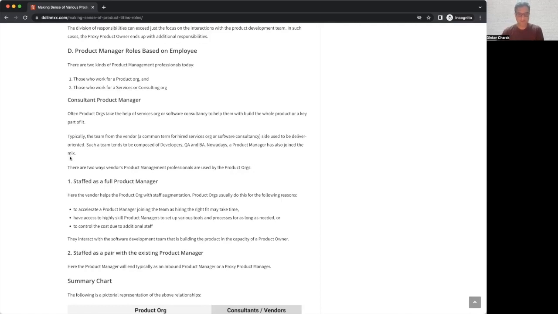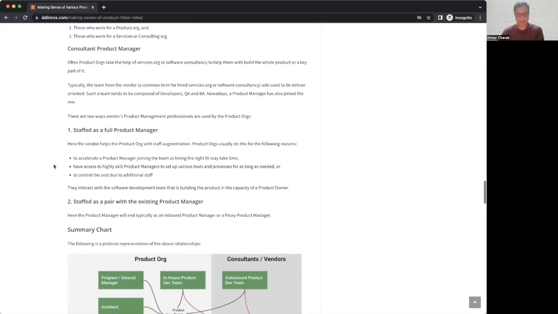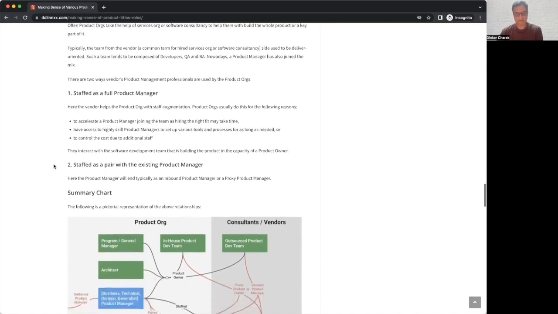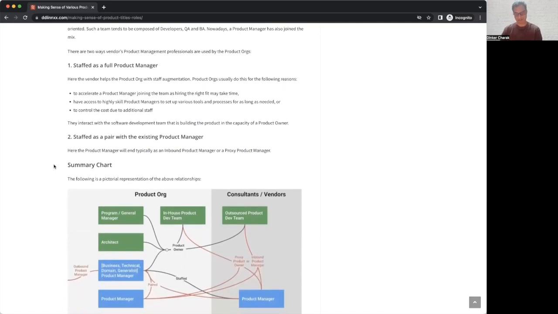So these product managers may, of course, get staffed fully as a product manager, so they are playing the whole role. Or maybe they get paired with an existing product manager so as to take off some load, and they could divide the work between themselves by saying, hey, you product manager, you take care of the outward world.